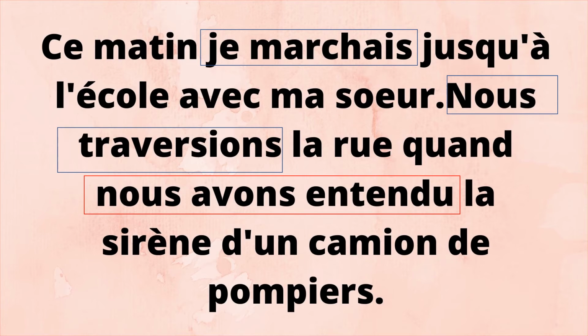So what action is being interrupted? We were crossing. So this was happening. We were crossing when, boom, we heard something. So that heard must take the passé composé. Nous avons entendu. So we heard the fire truck sirens.